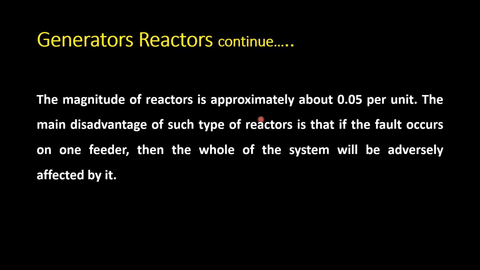The magnitude of reactor is approximately about 0.05 per unit, or you can say 5%. The main disadvantage of such type of reactor is if the fault occurs on one feeder, then the whole of the system will adversely be affected.